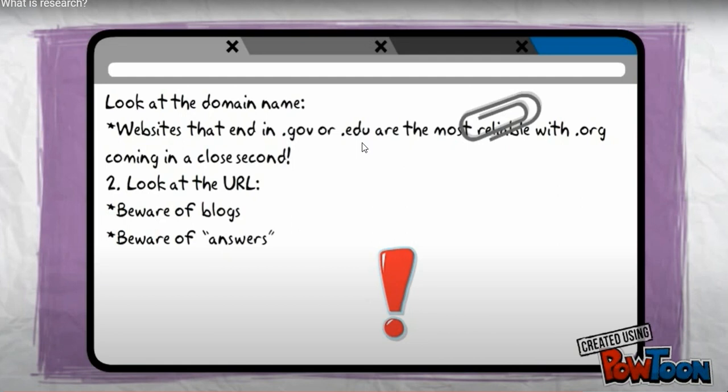Make sure you look at the URL. Sometimes there are discussions or answers on the internet, so don't use those as your reference. That is not a good reference. So beware of what page or what website you refer to as your reference.